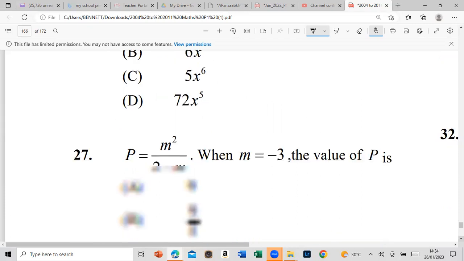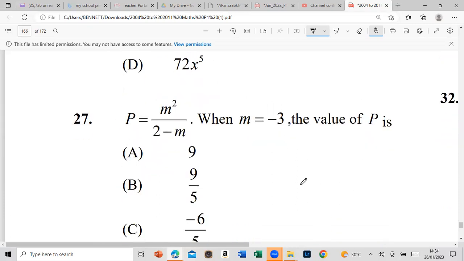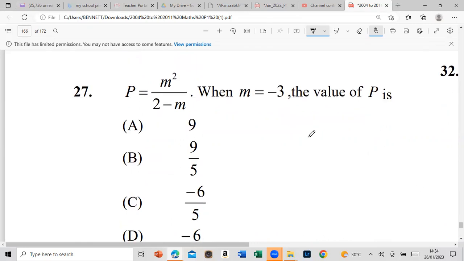If p is equal to m squared divided by 2 minus m, then m minus 3. When m is equal to minus 3, the value of p is, right? So this is what we call substitution. And we start doing this from the grade 3 and 4 level.